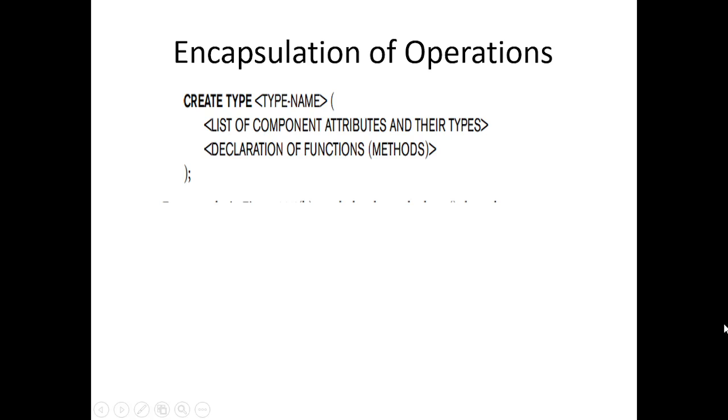We can also define an observer function, which is implicitly created for each attribute A to read its value. And we can have a mutator function for updating an attribute, which sets the value of the attribute to a new value. Likewise you can see many functions.